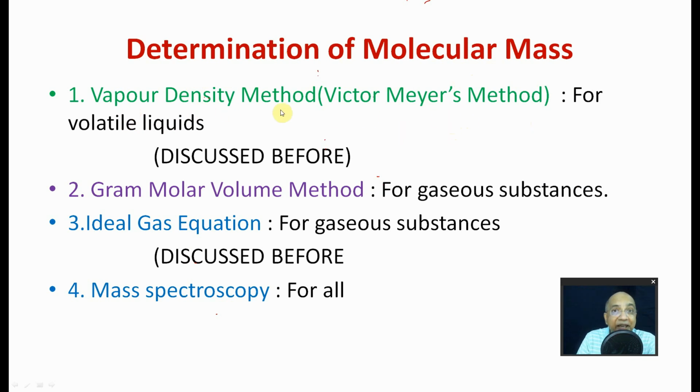First you find out VD, mass of certain volume of vapor divided by mass of same volume of hydrogen. You remember? You vaporize a volatile liquid, that vapor will displace equal volume of air at certain temperature and pressure.